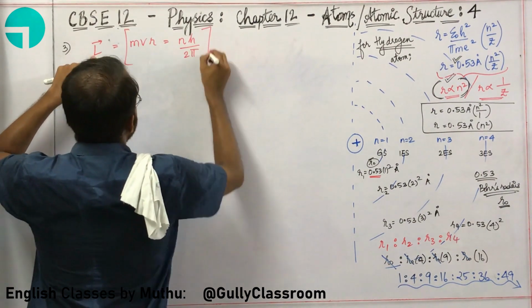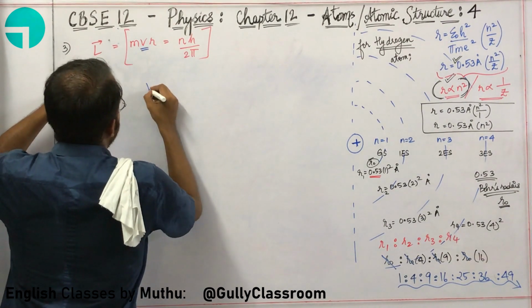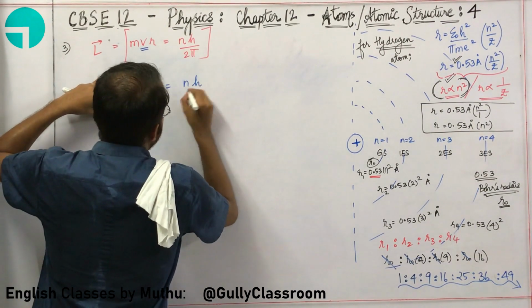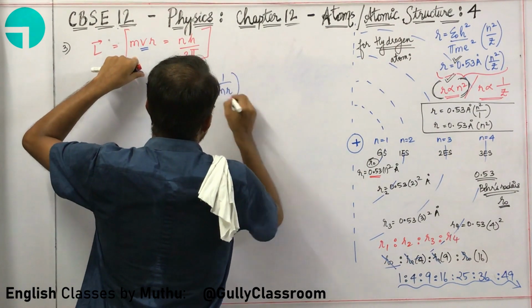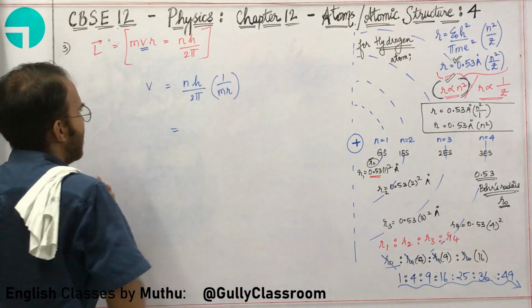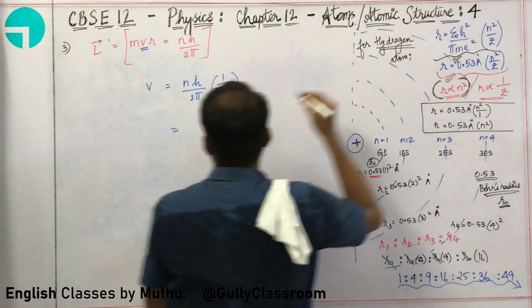Let us consider this part alone. Here I am simply going to find this particular v value. V is equal to nh divided by 2 pi, and I am going to bring mr over here. So I can substitute the r value from this particular derivation.